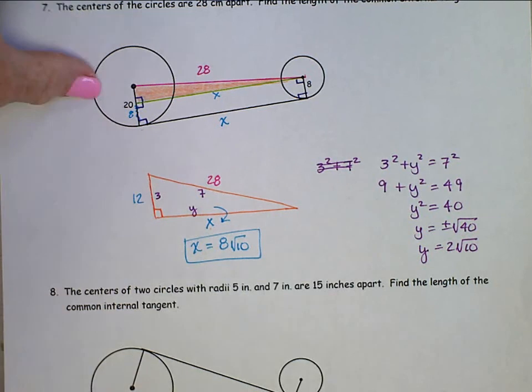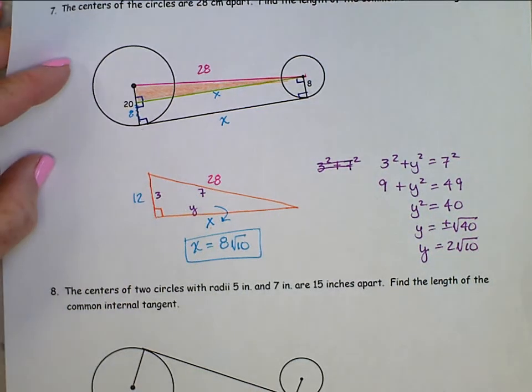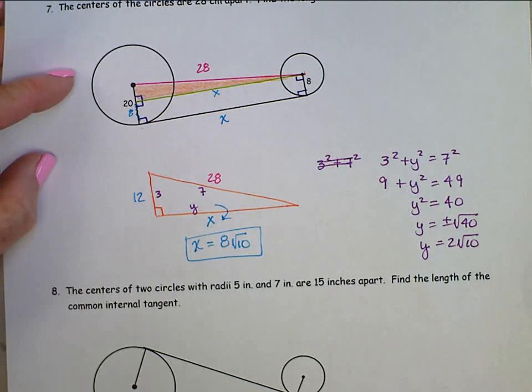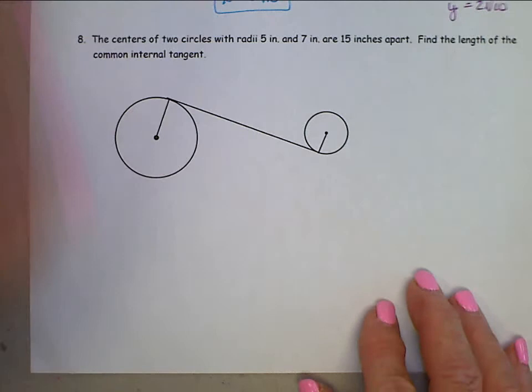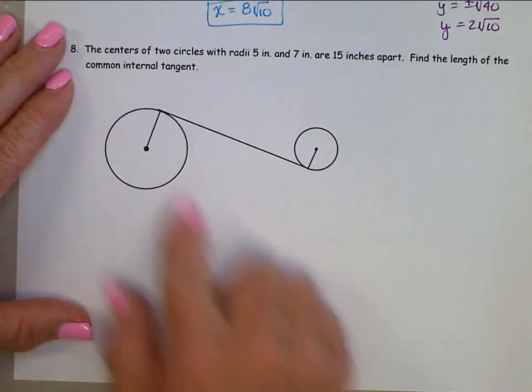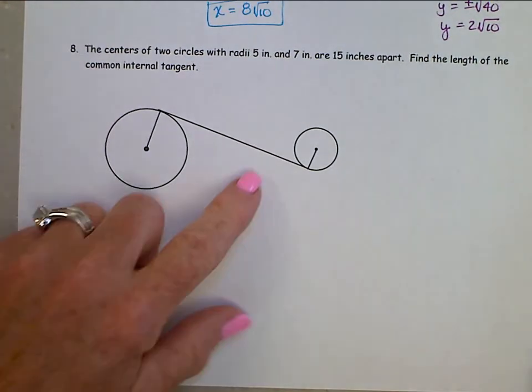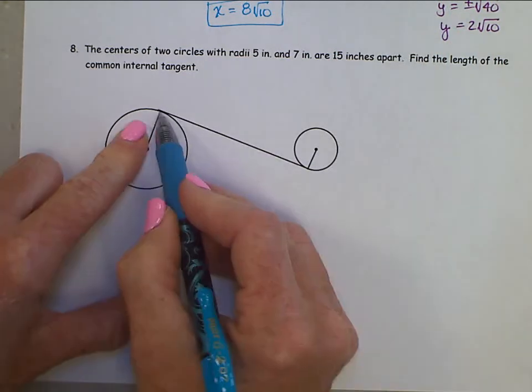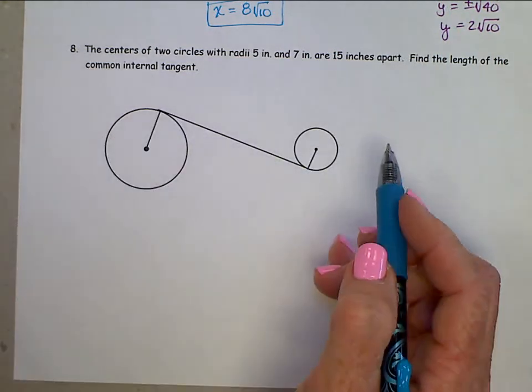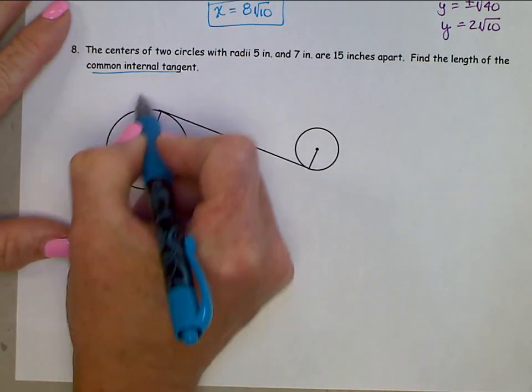All right, now we just did a couple of problems with external tangents. They're kind of on the outside of the circle. Here's one that's called a common internal tangent. You see how it kind of crosses between the two circles instead of being outside of the two circles? This is a common internal tangent right here.